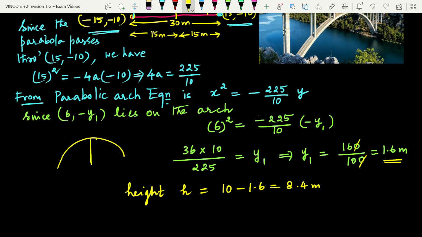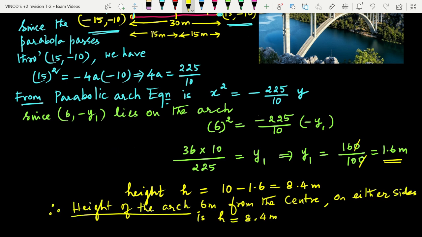Because in the parabola, the midpoint is 10 meters, and you have to find this height. This is y1, so 10 minus y1 will give you the h value. Therefore, the height of the arch 6 meters from the center on either side is h equal to 8.4 meters.